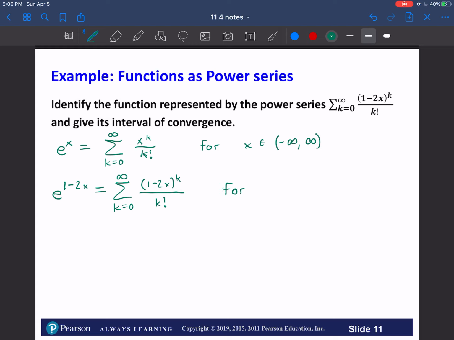Originally we had x between negative infinity and positive infinity. Let's replace that once again with 1 minus 2x. This occurs if and only if, we subtract 1 from every side. That doesn't change the negative infinity or the positive infinity.